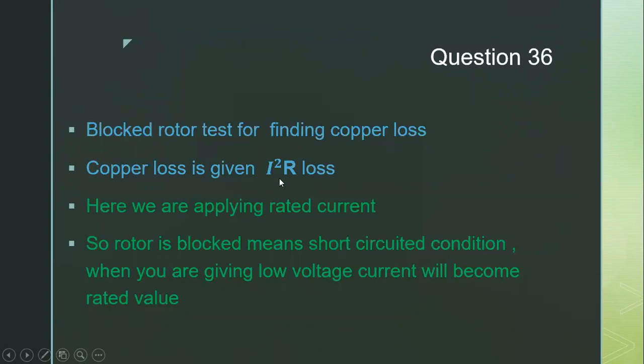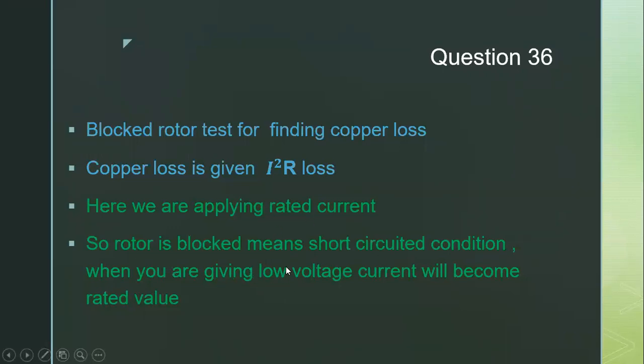So what is a copper loss? It is the I square R loss. So in this condition rated current should flow through the winding. So what will we do? You will make the rotor blocked, like a short circuit condition, and apply the voltage.